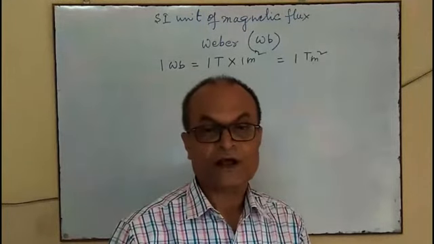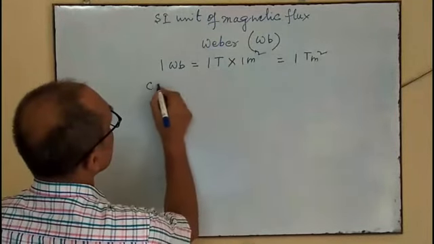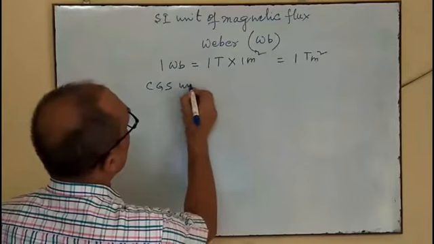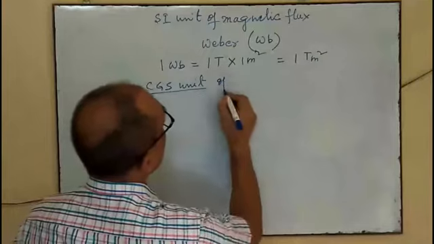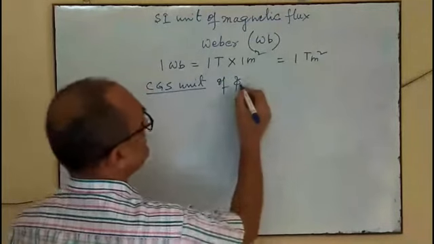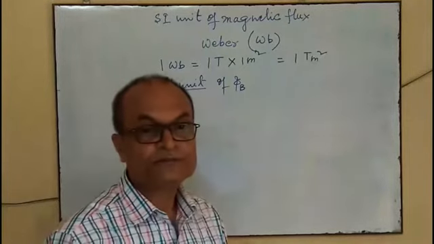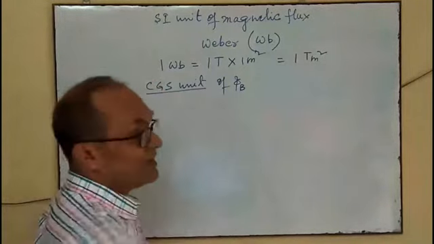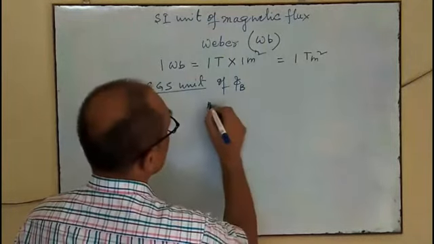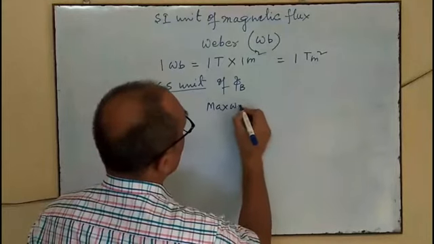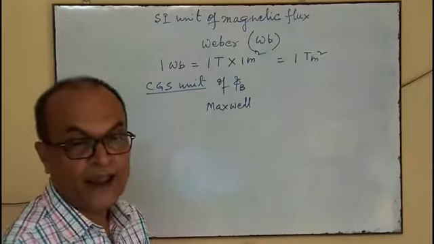We are going to see now the CGS unit of magnetic flux phi. Its CGS unit is the Maxwell, denoted by Mx.